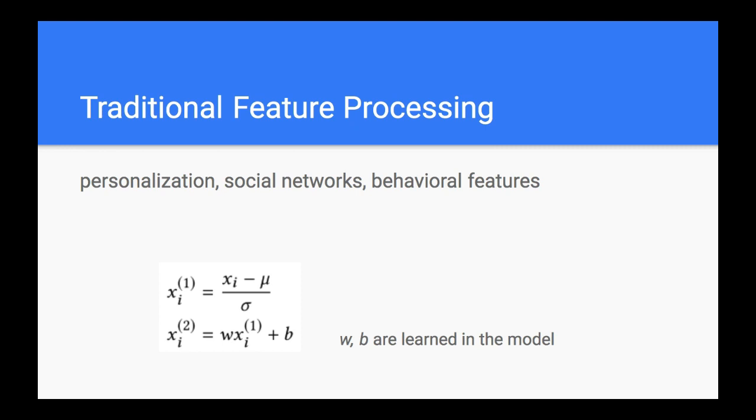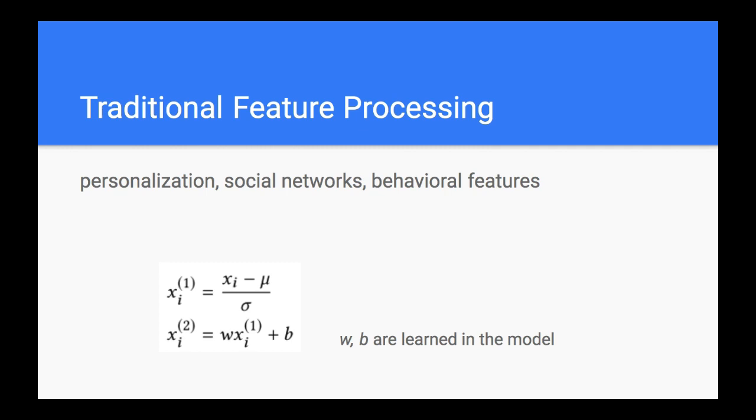And the more important one is the traditional feature processing. So how do we process those traditional features? Let's take a look at what the traditional features are. Those features are similar to personalization or social networks; you basically handcraft them. They have a social network in LinkedIn, and basically it's a graph.